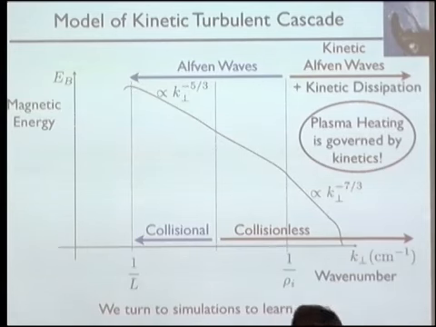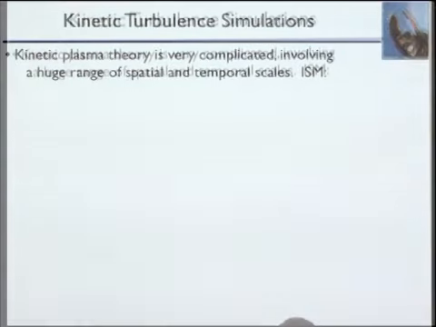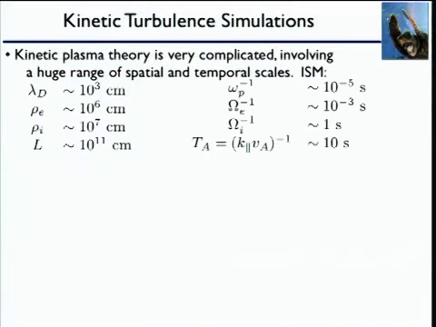At any rate, the heating is governed by these kinetic phenomena, and so we can't get away with too simple of a model. All right, so what's our model? If we look at the interstellar medium, this morning when I was looking at the slide, I guessed that this is the interstellar medium, so if any of you see that's wrong, be sure and tell me.